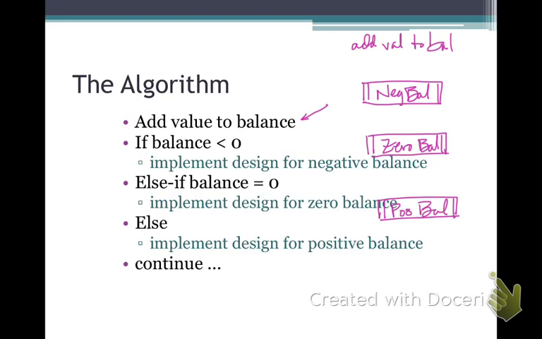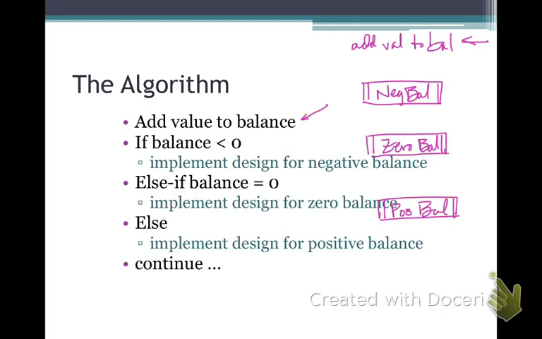So what I need to do is go back and make a decision. I'm right here. I've added value to balance, and I want to figure out under what condition I do not want to execute the negative balance. Well, when I add value to the balance, if the balance is greater than or equals 0, I don't want to do that.